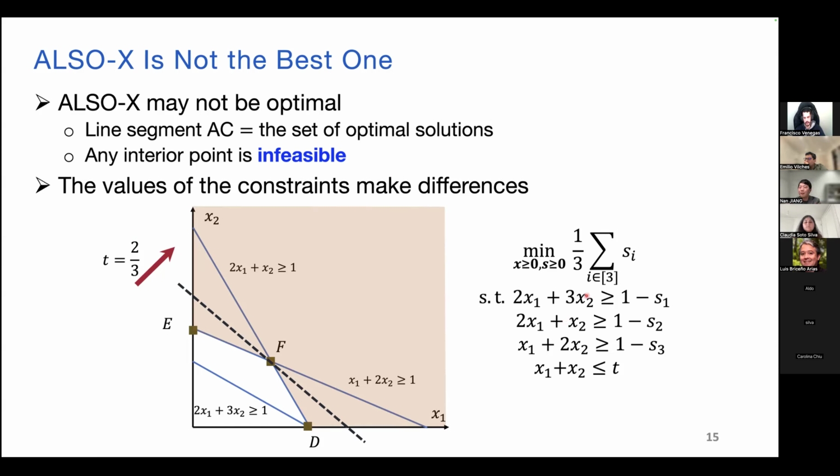So then we are going to think about one question: the value of the constraint will make the difference, but if we do some scaling of the constraint, will that change the optimality? Will it change those kinds of approximations of the chance constraint programs?